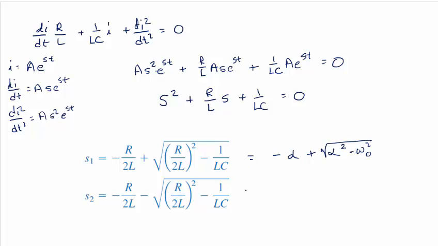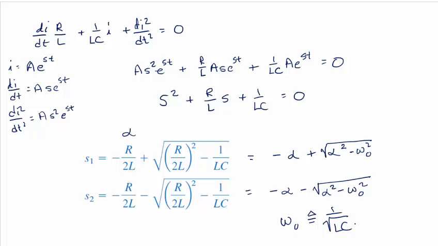So that's s1, and s2 we can also rewrite as minus alpha minus the square root of alpha squared minus omega naught squared, where alpha is r over 2l, and omega naught is defined as 1 over the square root of LC.